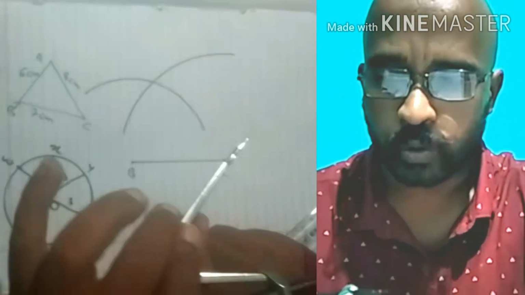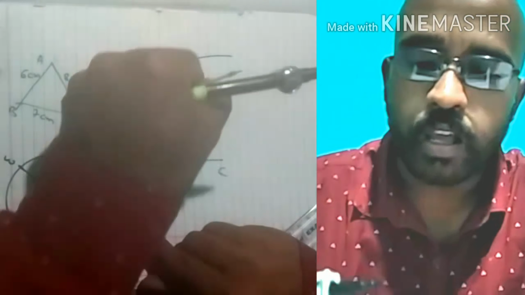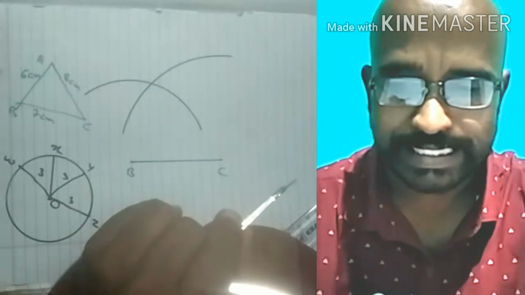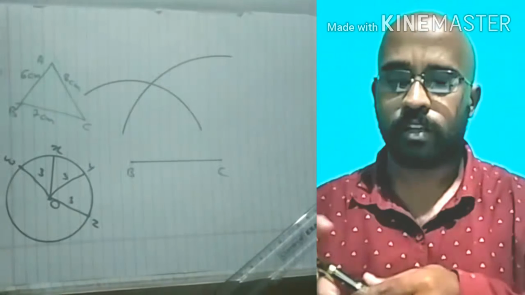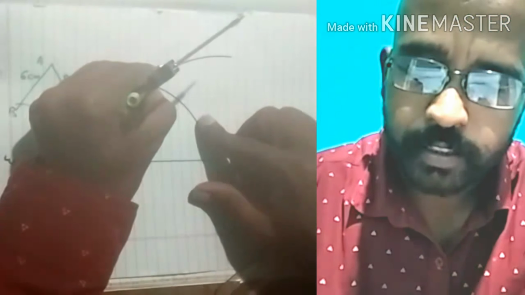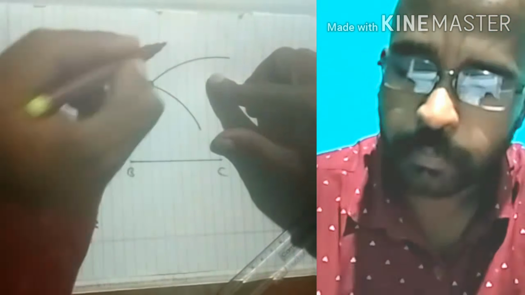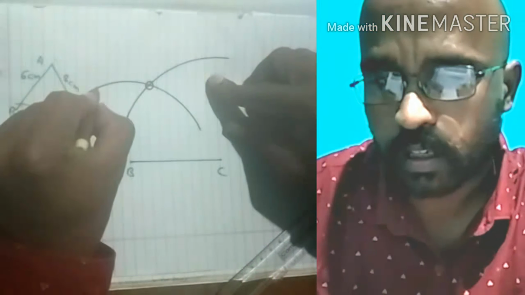Now the moral of the story is, every point on this arc is 6 centimeter away from B. Every point on this arc is 8 centimeter away from C, and this point is on both arcs. This point is 6 centimeter away from B because it is on this arc.